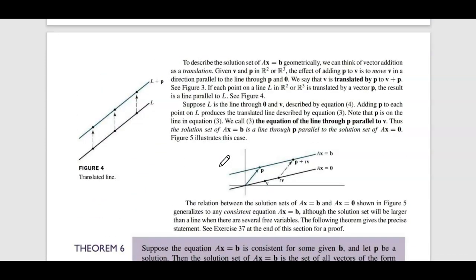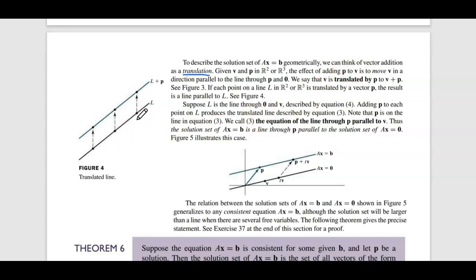So this specific outcome ends up being a vector addition translation in R2 or possibly in R3. The effect of adding P to V is to literally just move V around.